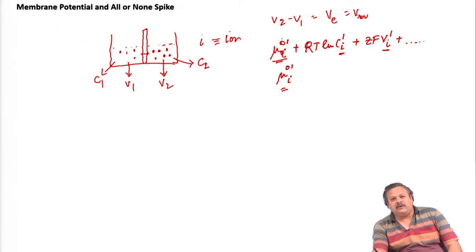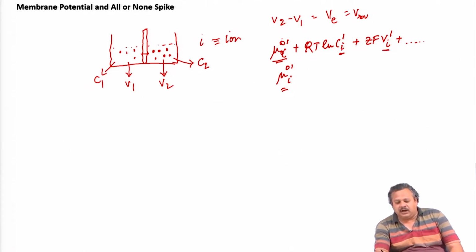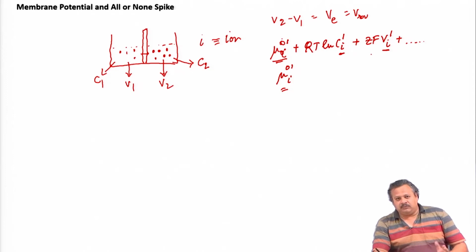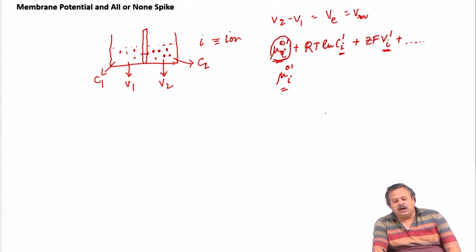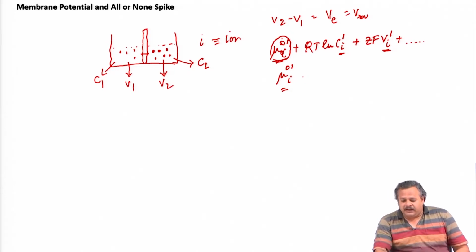That is, if we have the concentration of the ion I to be unity in this framework with the proper units, and similarly if the potential is 0, then the overall potential of the ion is this mu naught, and that is not going to change on the two sides.